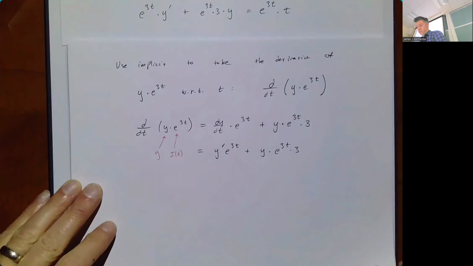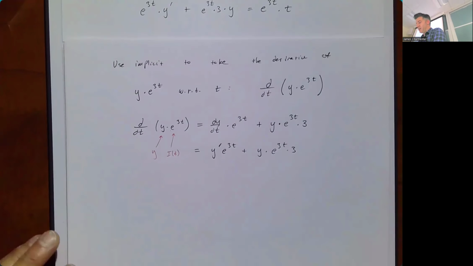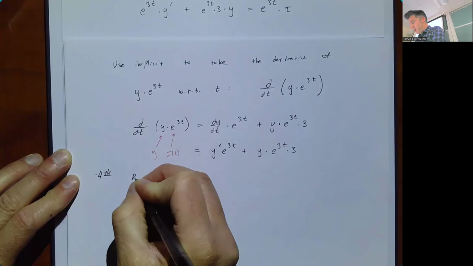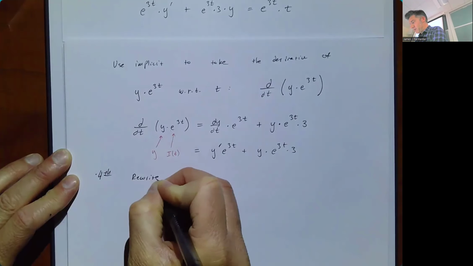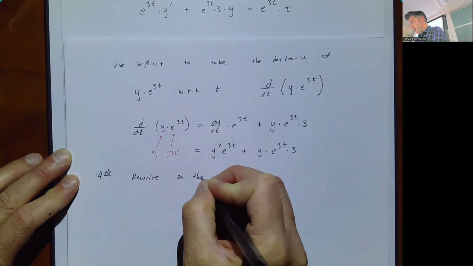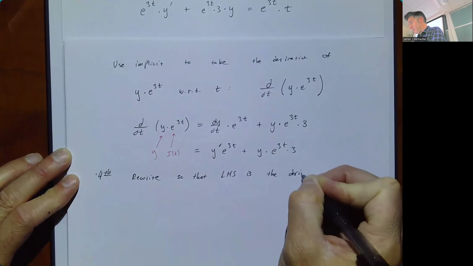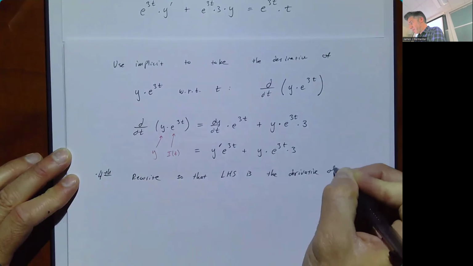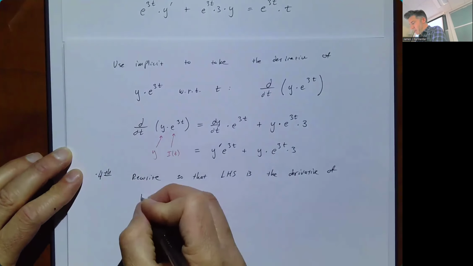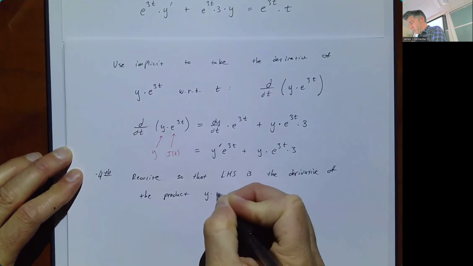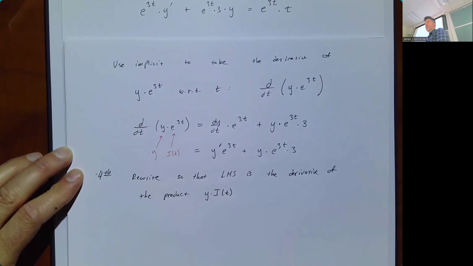So step 4 is to rewrite this so that the left-hand side is the derivative of a product. Actually, not just any product, of the product y times your integrating factor.